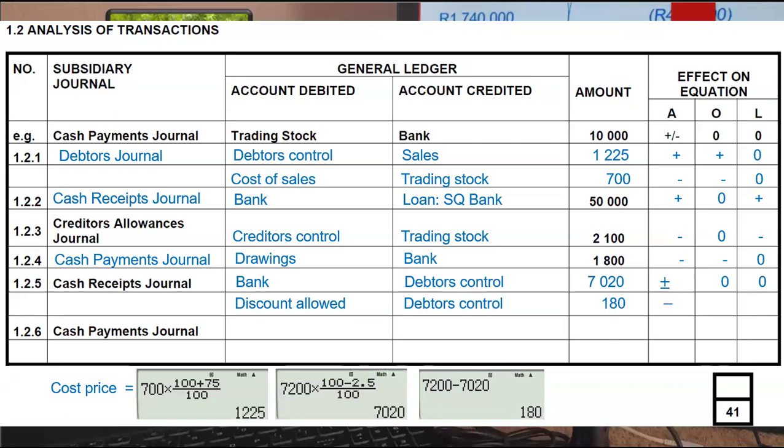Owner's equity we have minus because discount allowed is an expense under owner's equity. We've got capital, income, drawings and expenses. Drawings and expenses reduce owner's equity. Discount allowed here is an E, the last E, which is your expense, which will reduce your owner's equity. And liabilities will be 0.